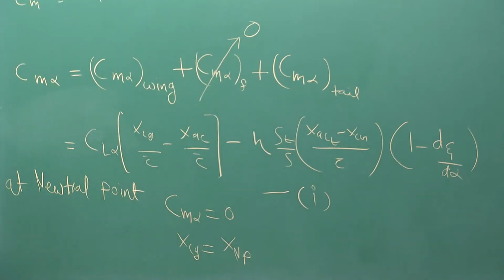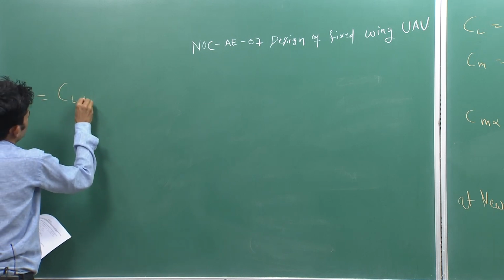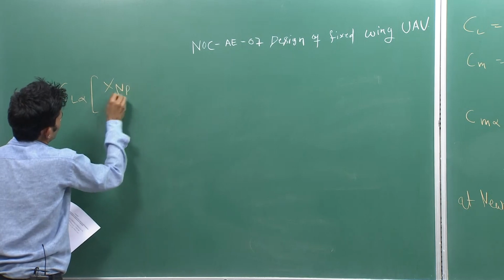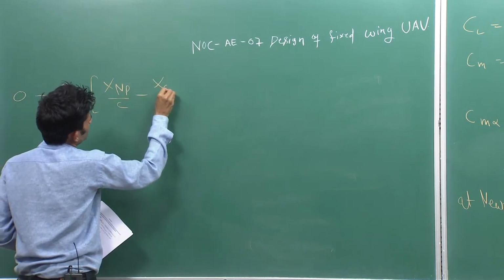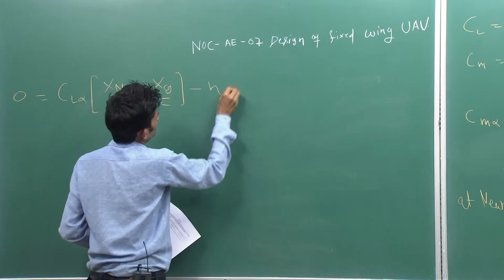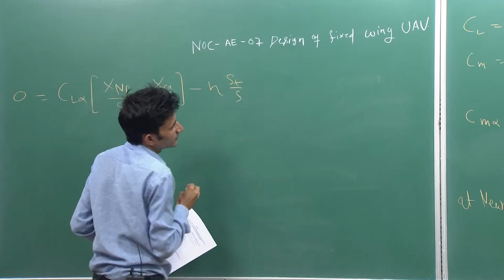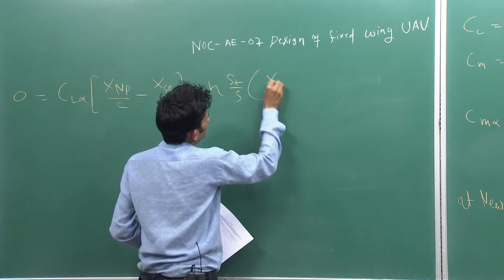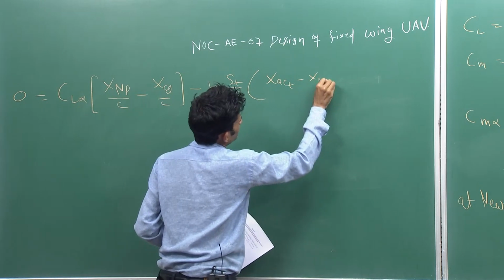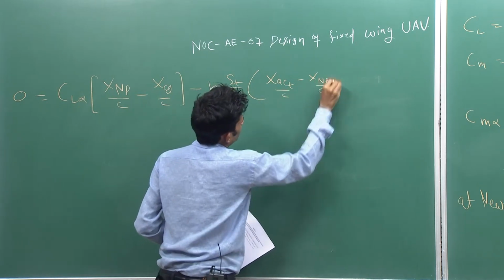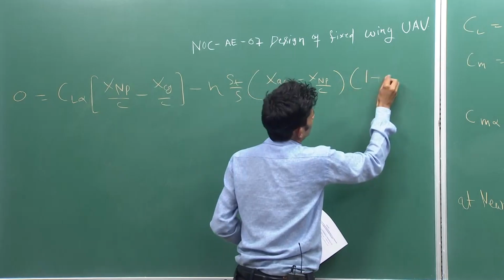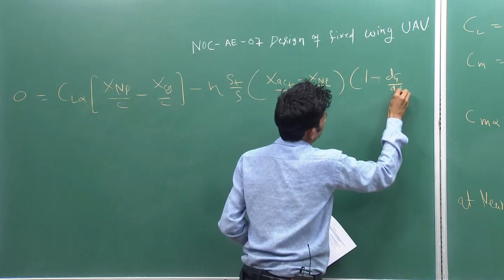So what you will get? 0 equal to CL alpha into xNP by C bar minus xAC by C bar minus eta ST by S into xAC of tail minus xCG become xNP, right, and 1 minus dou epsilon by dou alpha.